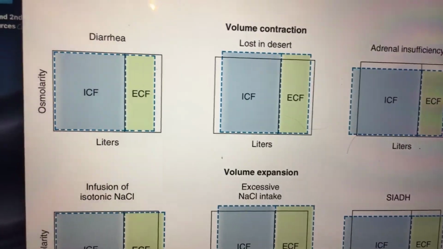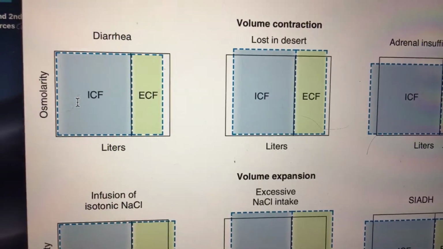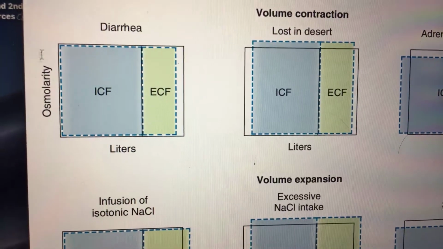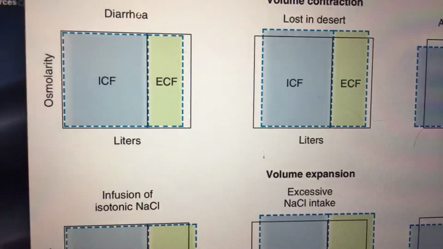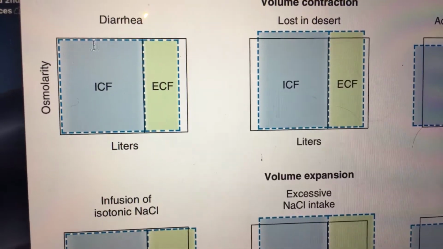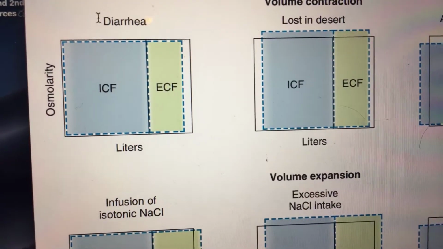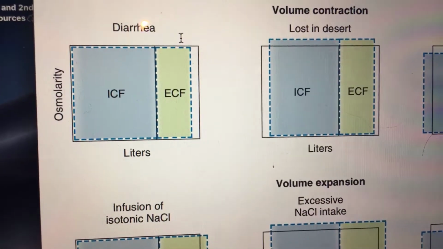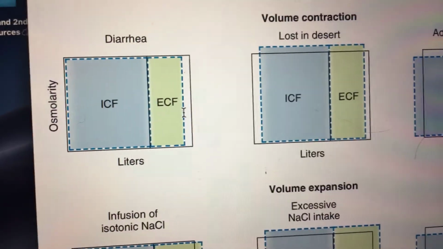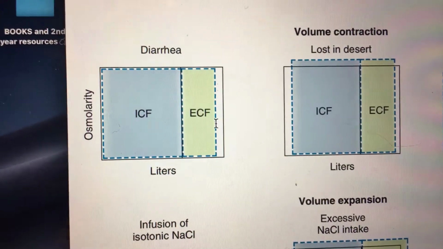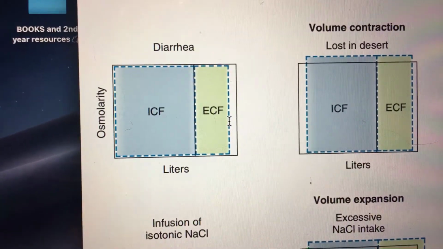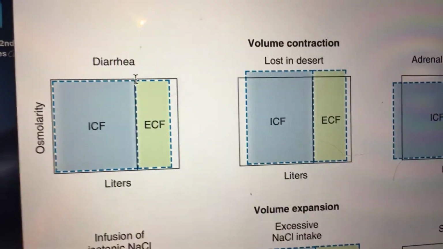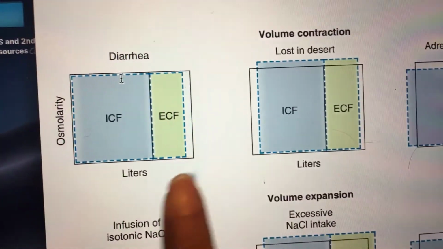So here let's just analyze the body fluid compartment shifts, and here essentially this is what's happening within diarrhea. So here you can see it's an isotonic or isoosmotic expansion. Oh sorry, my problem is that I keep thinking that the black line is the expansion.